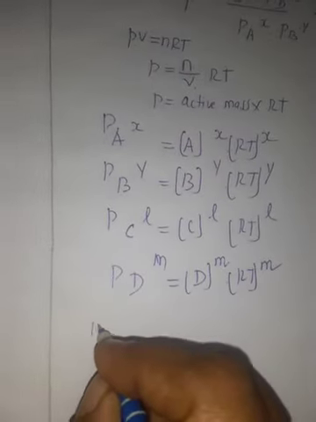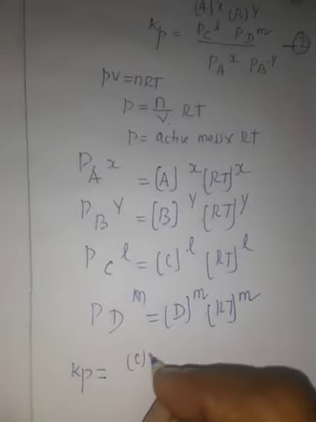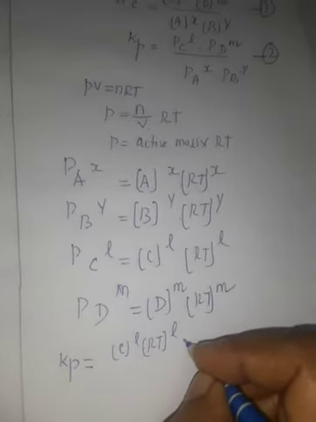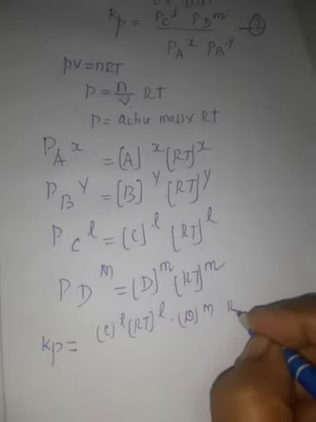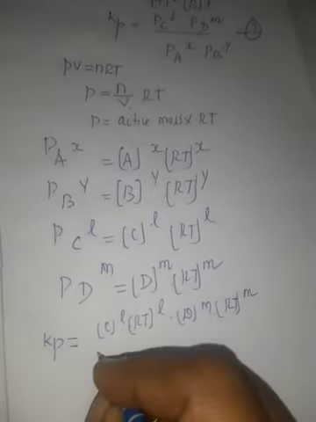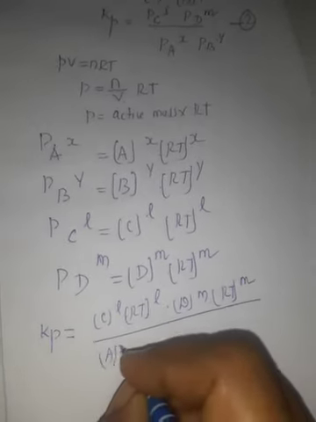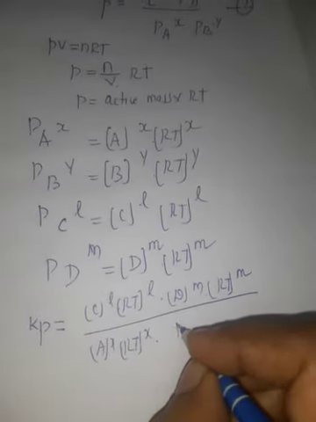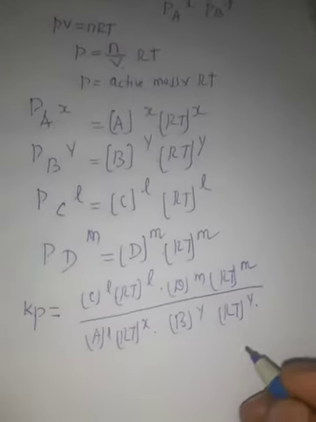So, Kp equal to Pc power l, write this: [C]^l into (RT)^l into Pd, [D]^m into (RT)^m by Pa, [A]^x into (RT)^x into Pb, [B]^y into (RT)^y.